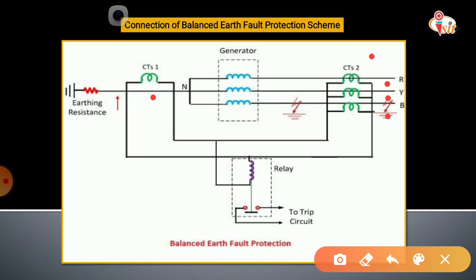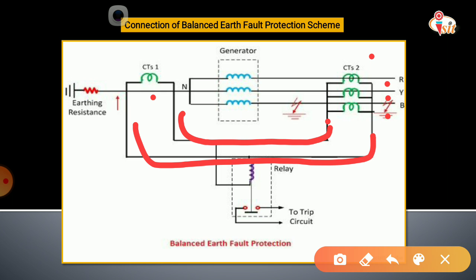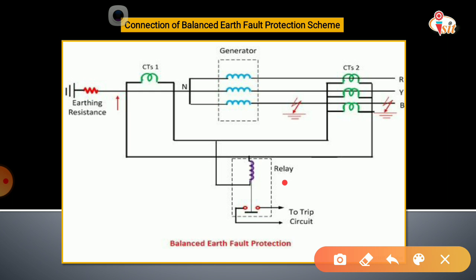So these CT secondaries are connected in parallel with CT1, and a relay is connected across the secondaries of the CT. आणि एक relay, so here is the relay, a relay is connected in parallel with the CT secondaries. ह्या दोन CT secondaryच्या parallel मध्ये आपण एक relay यूज केलेला आहे.